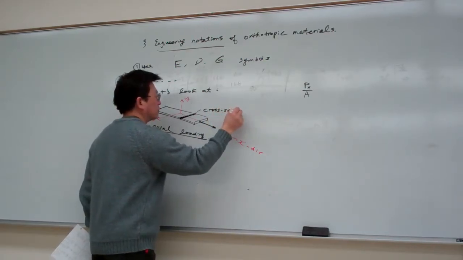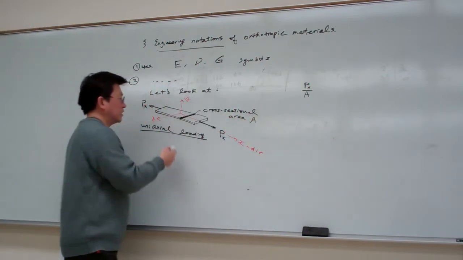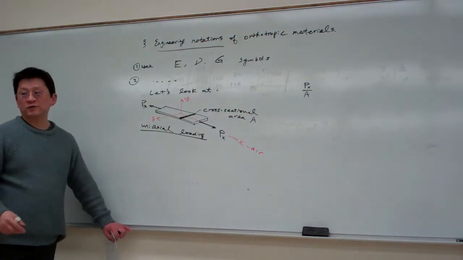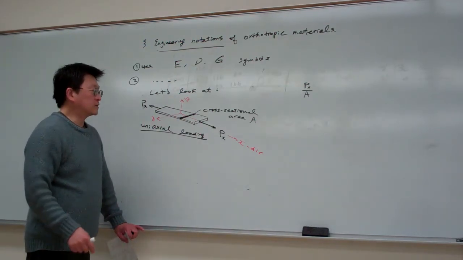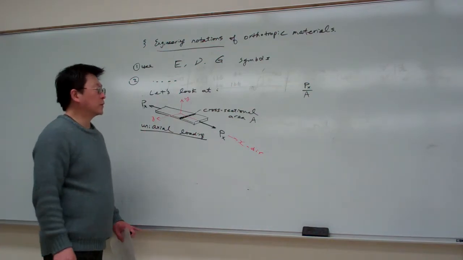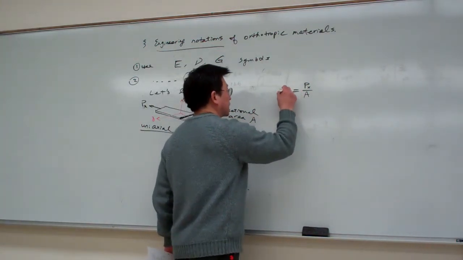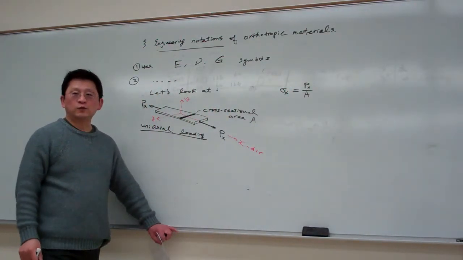Cross-sectional. This one doesn't have to be rectangular. I just made it up, and that can actually be any shape, any shape of a uniform cross section. So basically, this is our stress. Okay. So that is what we got.